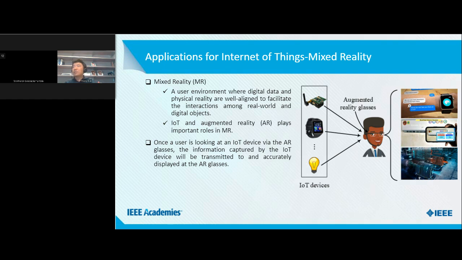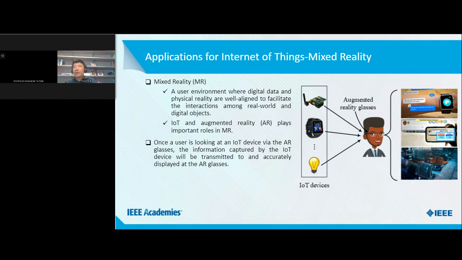Once a user is capturing an IoT device through the AR glasses, the related information of the device will be transmitted to and displayed at the AR glasses. For example, if the user is looking at the smartwatch here, then the recent short message will be transmitted from the smartwatch to the AR glasses and displayed at the AR glasses.